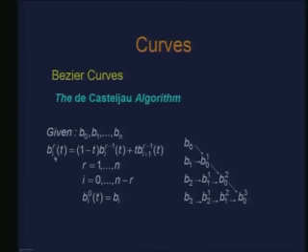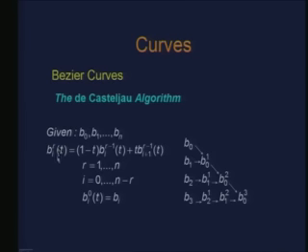I obtain at some level, let us say the rth level, the points Bri, which are nothing but the linear interpolation of the points obtained in the previous level, or the previous iteration, which is r minus 1, and I keep applying that till r equals n.